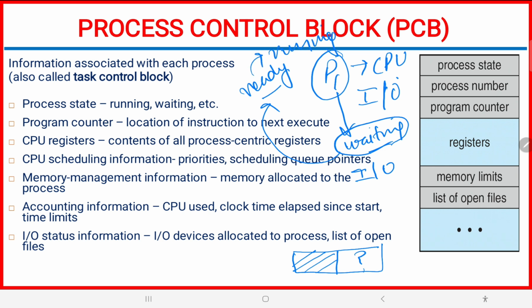Let's suppose that again it got the access of CPU. Now the question arises, will it restart its job from the beginning, or will it continue from the place where it left? Yes, it will continue from the place where it left.